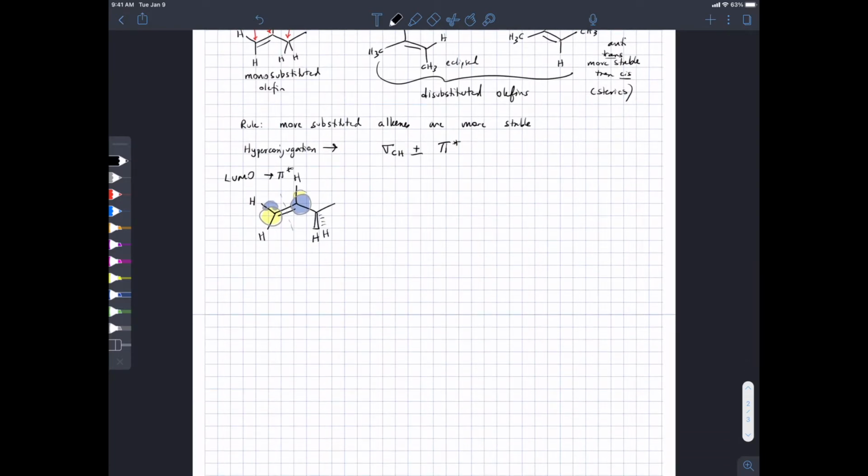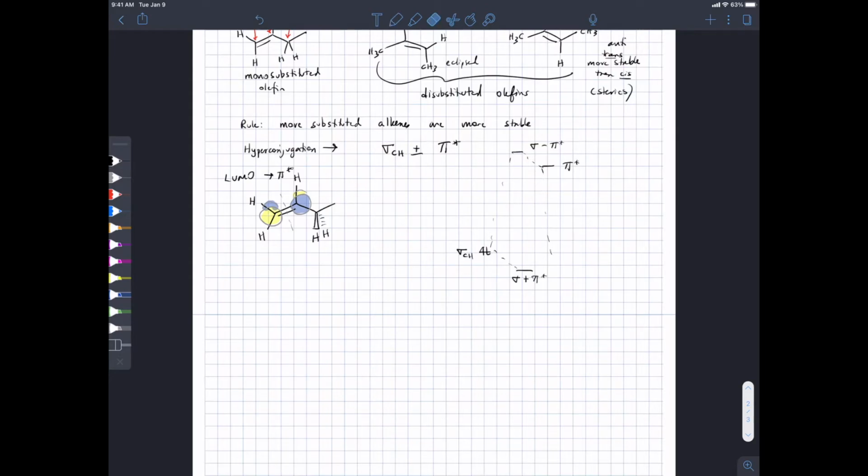But remember that when we do hyperconjugation, the electrons in the filled orbital get to move lower in energy for the plus combination, and the empty orbital moves higher in energy for the minus combination. But who cares, because that empty orbital is still empty.